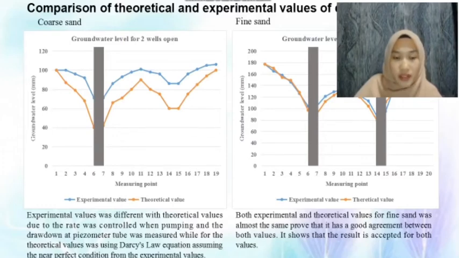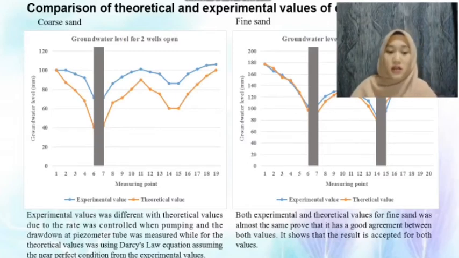And for the fine sand, both experimental and theoretical values were almost the same, proof that there is a good agreement between both values. It shows that the result is accepted for both values. From this graph, the red line stands for the theoretical values and the blue line stands for the experimental values.